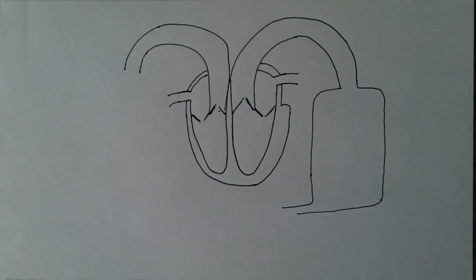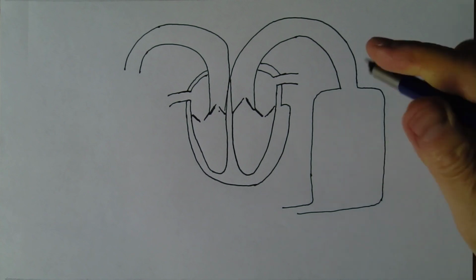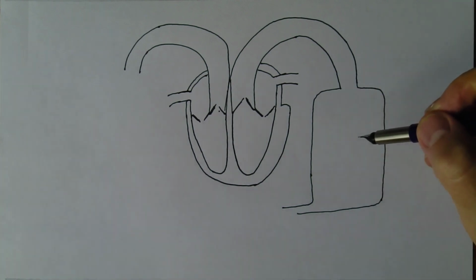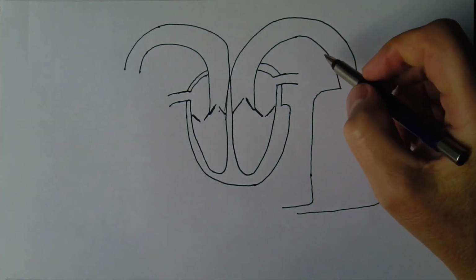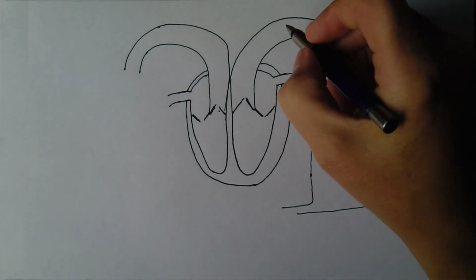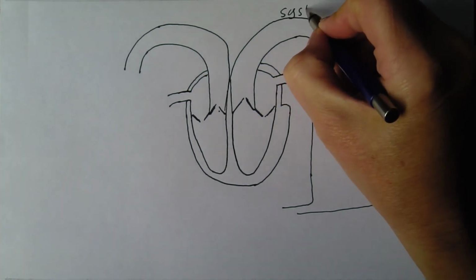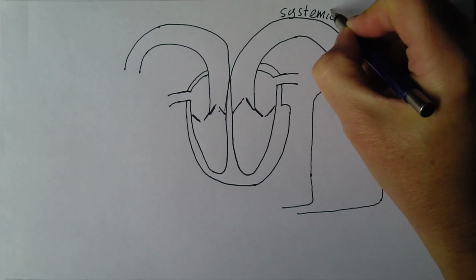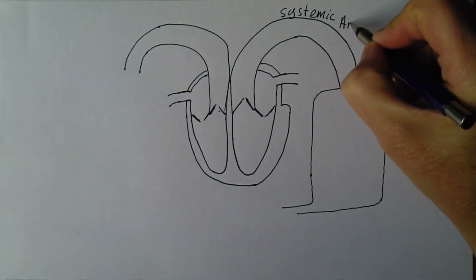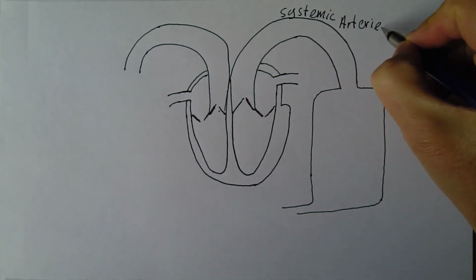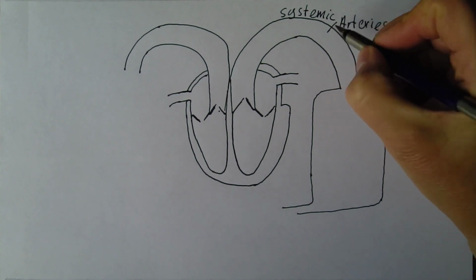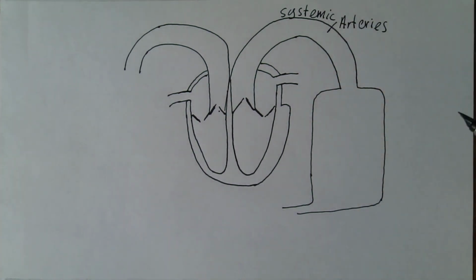And it also includes your legs and your arms and your brain. It's all the systems of the body here. So for this reason we call these the systemic arteries. So these are the systemic arteries. The aorta is the first of the systemic arteries.